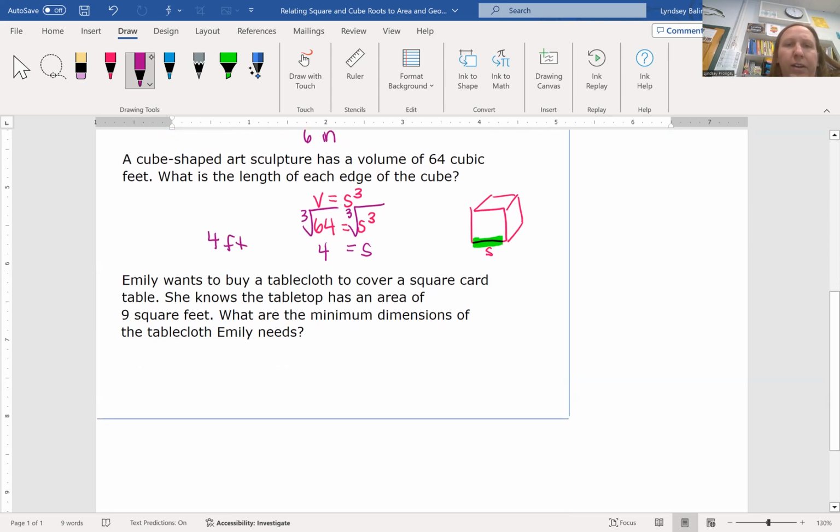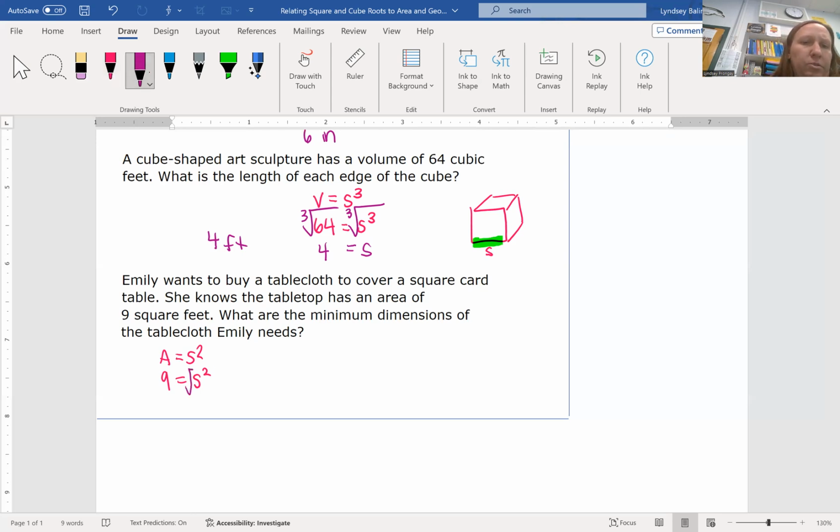And the last one, we have a tablecloth to cover a square card table. The area is 9 square feet, so we have area is side squared, but we know the area is 9, so 9 equals S squared.